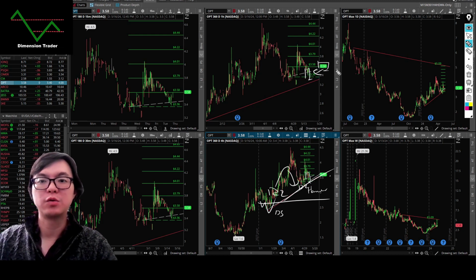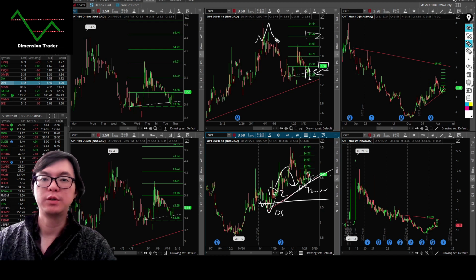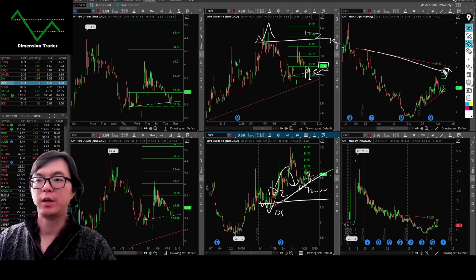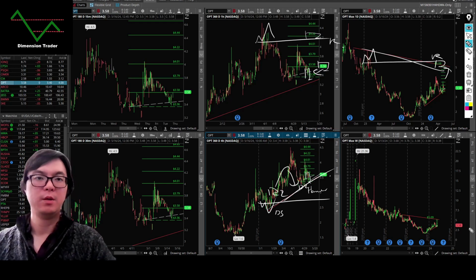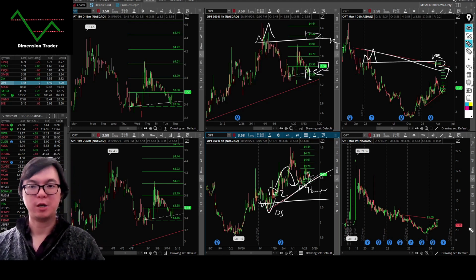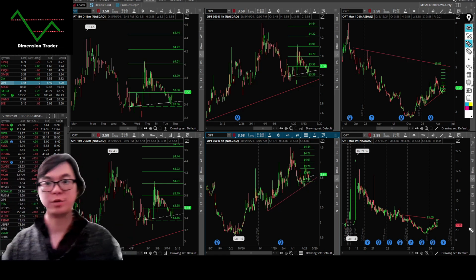Our expected entry is 358. Our target can be 422, which is the resistance zone, or you can hold till the price hits the trend line up here with the higher resistance zone, which is the 509 zone, this area. OPT is what we picked today for the dimension 2 continuation setup.